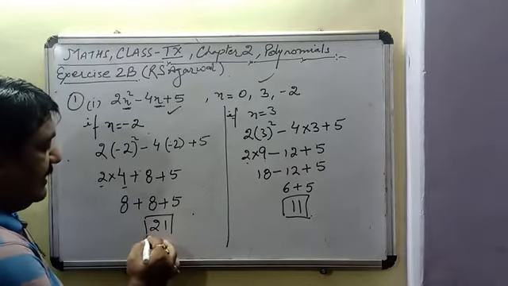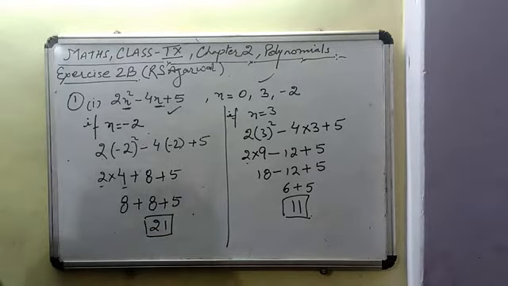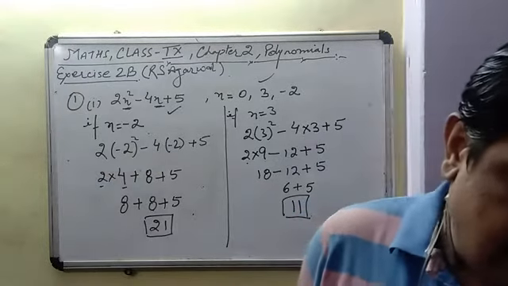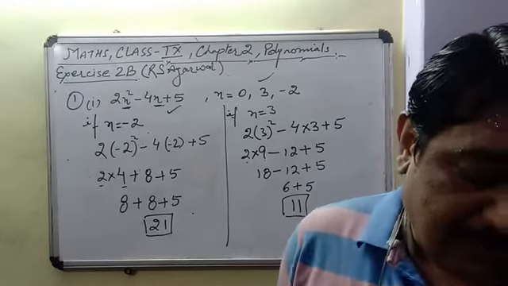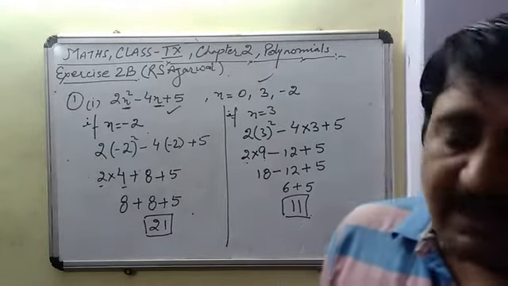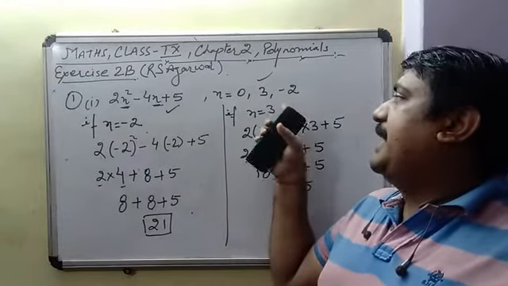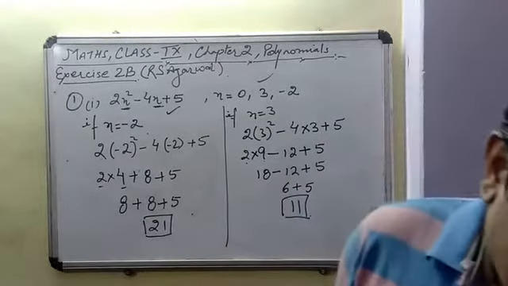So we are getting the result 21 if we put x equals to minus 2. So in question number 1 we have evaluated the given polynomial by putting x equals to 0, x equals to 3 and x equals to minus 2.